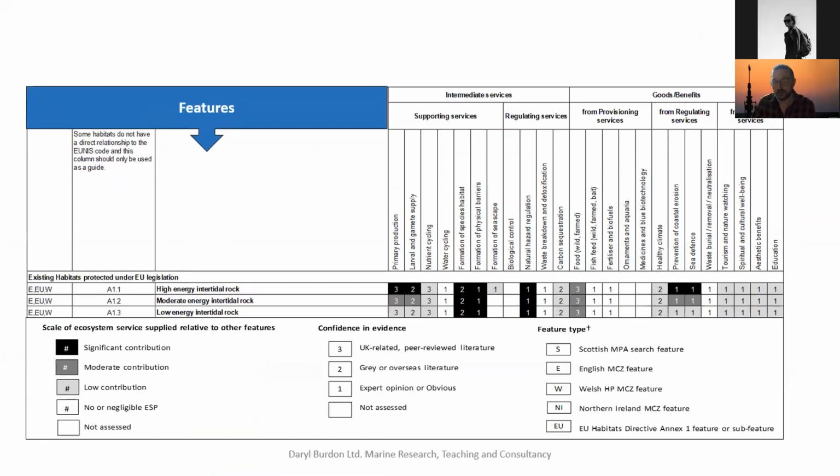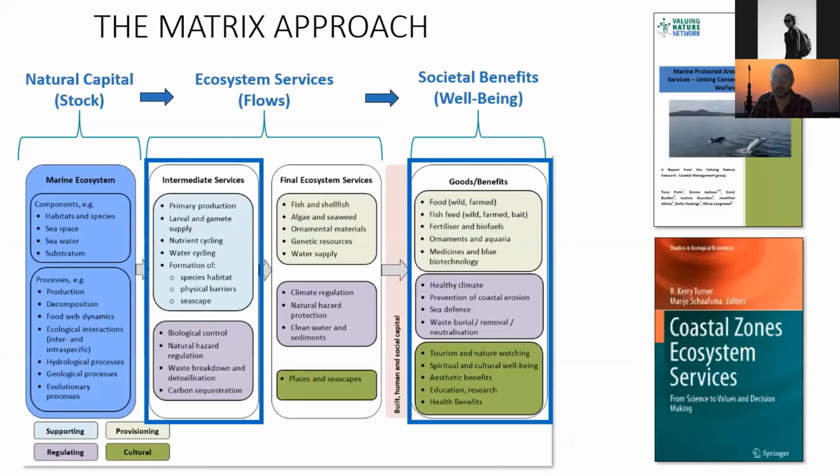So what we have here are the different features. So down this column here are different features protected under both UK devolved and European legislation there. We have intermediate services. So these services correspond with the services here on this diagram.